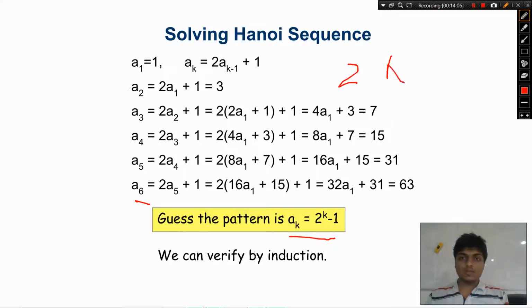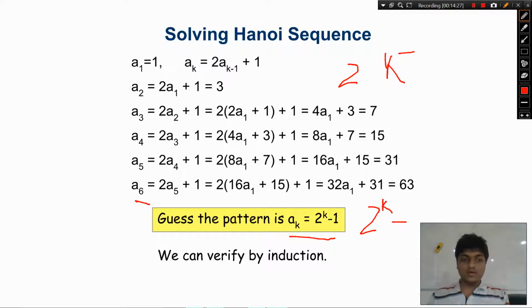Okay, actually k minus 1 times. Actually sorry, k times only, because here you multiply 1 time, 2 times, 3 times, right? So every step you're multiplying by 2 and you're adding something. So you can see that the general thing will be 2 to the k minus 1.